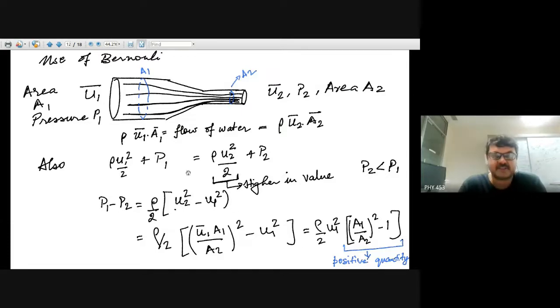Because you have just rearranged the terms, P1 minus P2 equal to this minus this, and U2 can of course be written in terms of U1, A1 and A2, right? And note, P1 minus P2 will be a positive quantity because A1 is greater than A2, right?